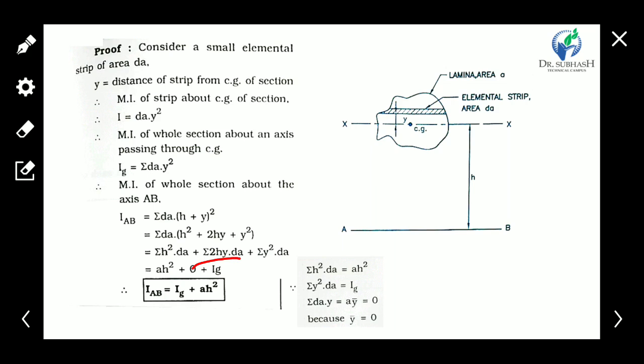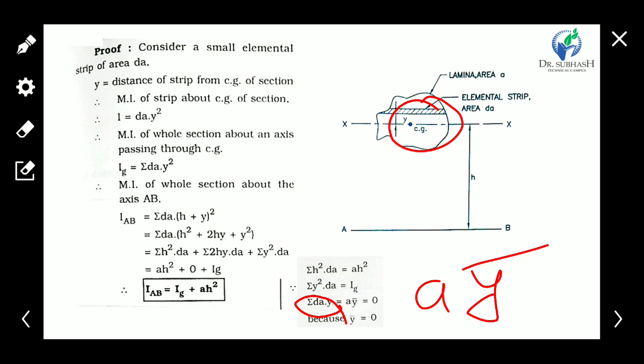Now the middle element, the summation of dA into y. Summation of dA means area into y. Here what is the y? It is defined by y bar.